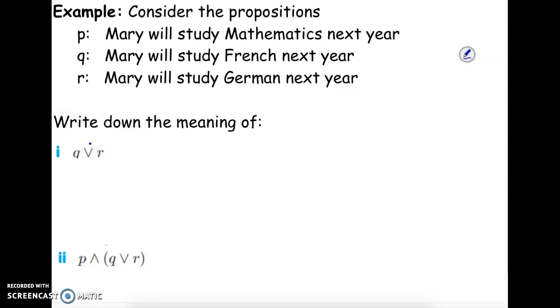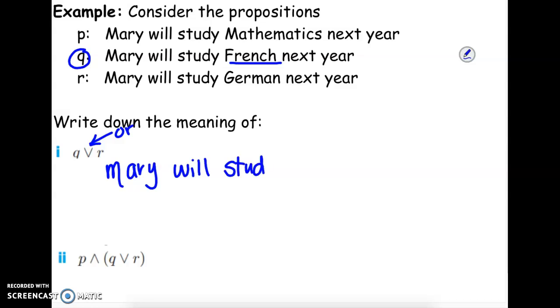So remember, this symbol here is the meaning or. So how do we write that? We come up with what is the proposition Q, what does it mean? That she's studying French. So Mary will study French, and then the symbol in between that is a disjunction, or, and then we look at the next proposition, R. What's the meaning for R?